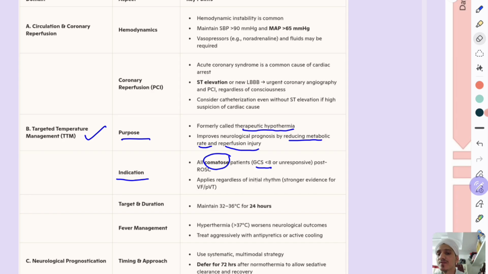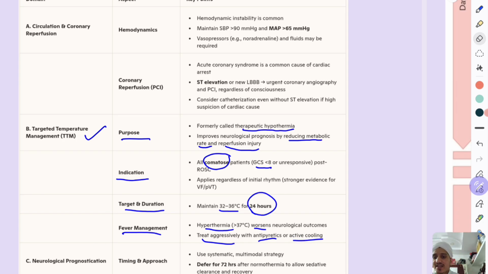If the patient is comatose, then you should give targeted temperature management. The duration is 24 hours and the target is 32 to 36 degrees centigrade. Fever management is important. Temperature of more than 37 degrees Celsius worsens neurological outcomes. That's why treat aggressively with antipyretics and active cooling measures.